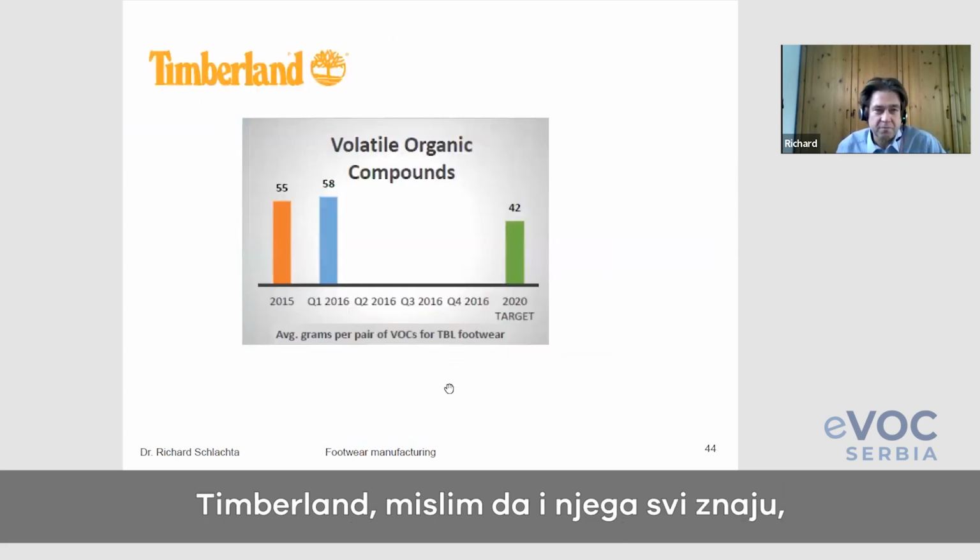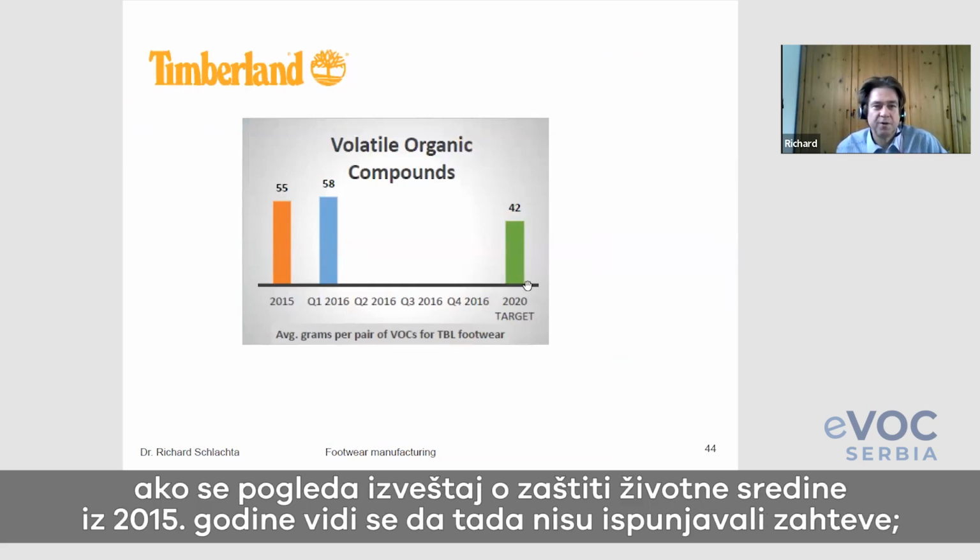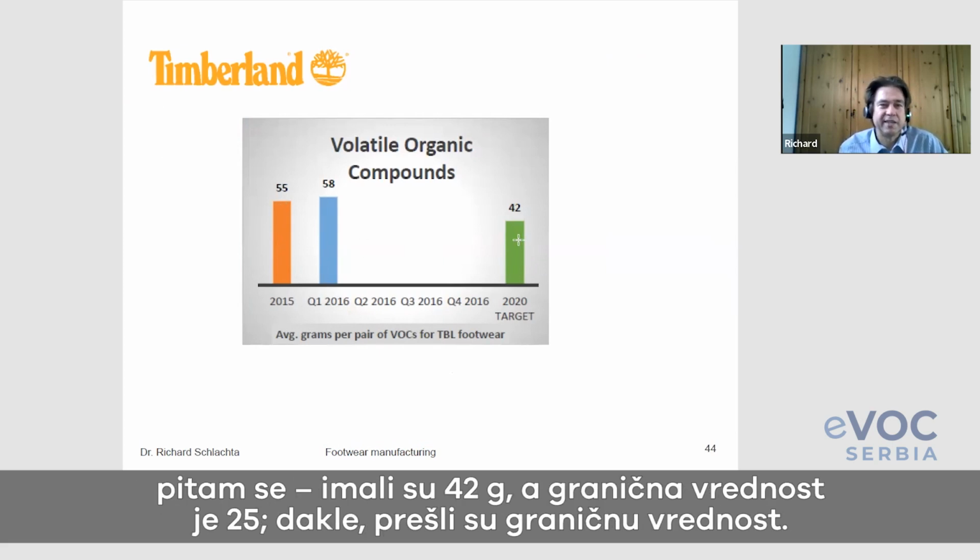Interesting, Timberland, I think everybody knows too. If you look here in the environmental report, in 2015 they didn't comply. I was wondering, they have 42. So if you remember, 25 is the limit value, so they exceed the limit.